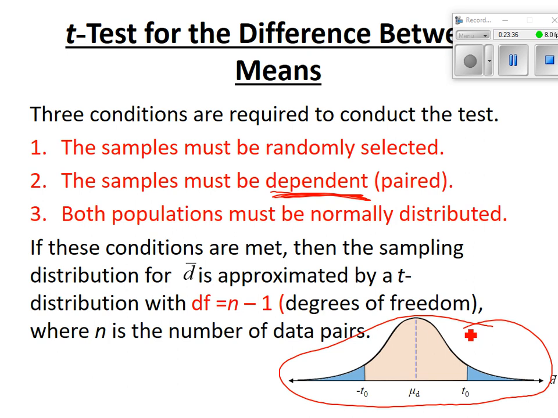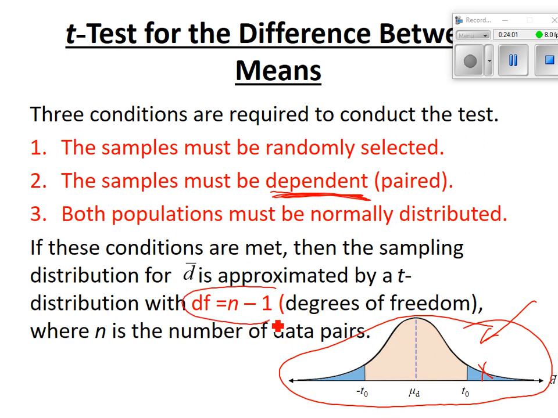All right? So if we were to do it millions and millions of times, it would come out to be a perfect normal curve like that. And if we get a mean that falls out here somewhere, then that's unlikely to happen. So something's not right.